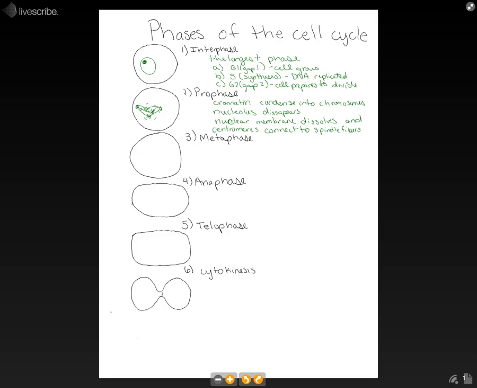Okay, now we have metaphase. Metaphase is where our chromosomes are going to align at the metaphase plate along the center of the cell.